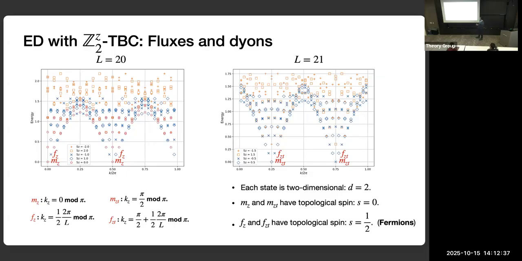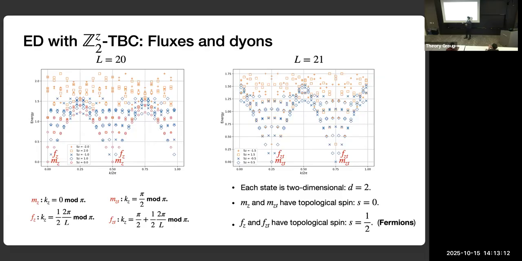Okay, and then I look at two cases. One is even number of sites, the other is odd number of sites. The difference is that even number of sites means that I just insert the flux of Z2Z. So the low energy degrees of freedom are labeled by only the M anyons, corresponding to symmetry fluxes of Z. And the first excited states are labeled by what I call F_C. F_C is a dyon. It's a bound state of a Z2Z charge together with a Z2Z flux, because those are the only quantum numbers that I can simultaneously diagonalize.